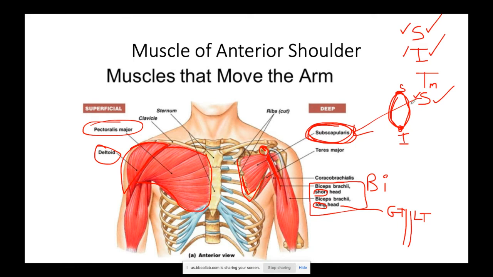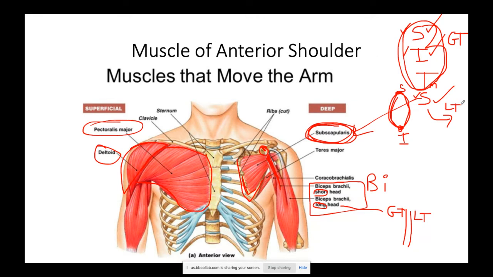Okay, so 3 of the 4 rotator cuff muscles originate on fossas. The supraspinatus, the infraspinatus, and teres minor, these 3 are going to insert on the greater tubercle of the humerus. And the subscapularis inserts on the lesser tubercle of the humerus.